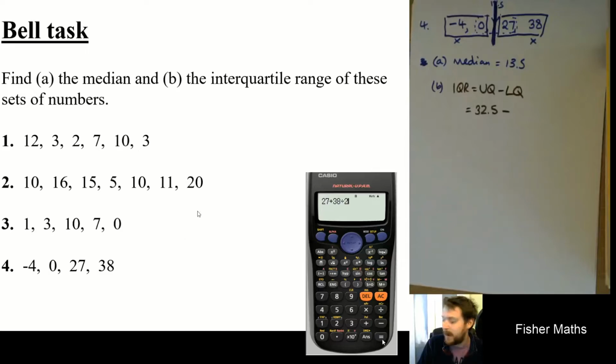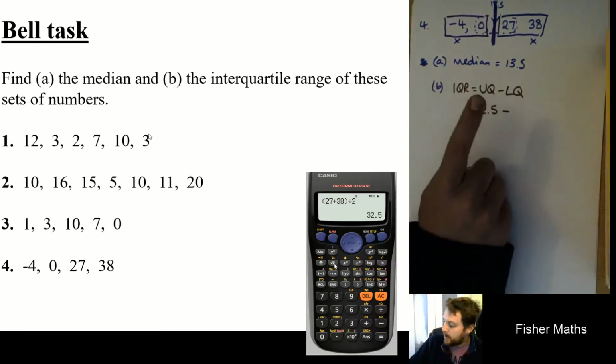So if I press equals here, you'll see I don't get 32.5. If you want to write it all in one line on the calculator, you need to use brackets. That means it's going to do the 27 add 38 first, because it's in brackets. It'll get an answer, and then it will divide that by 2, and that's where the 32.5 comes from.